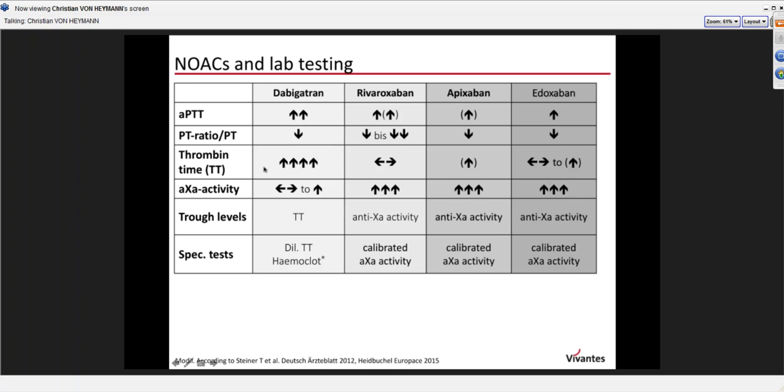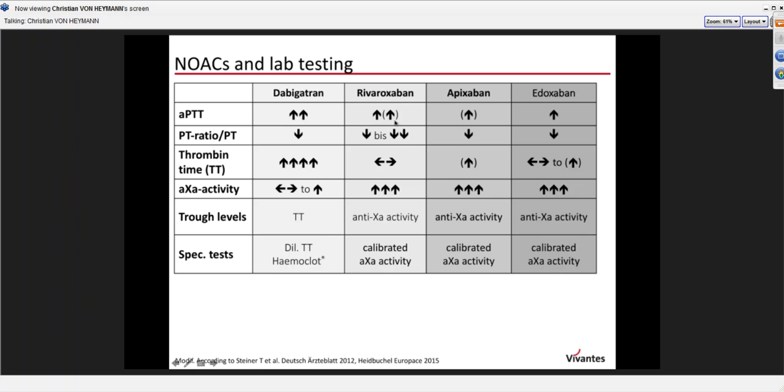The most sensitive test to measure dabigatran is the regular thrombin time. That is extremely sensitive, but if you want to measure plasma levels of dabigatran, you have to use the diluted thrombin time, and one of the available assays is the Hemoclot.